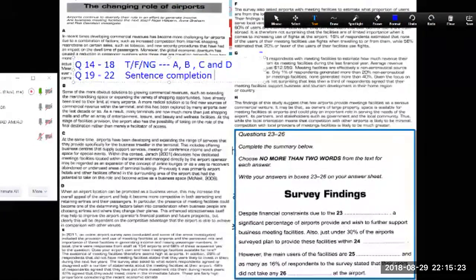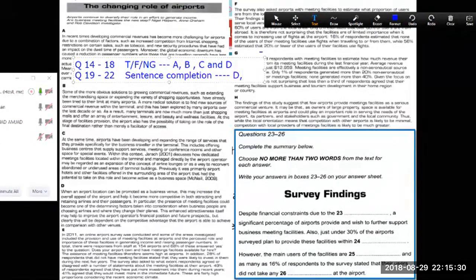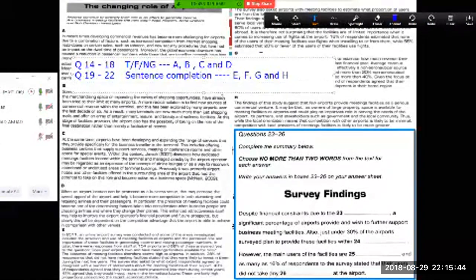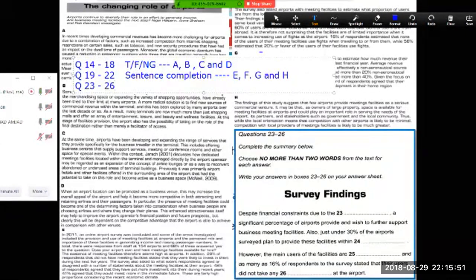To answer these questions, you may read paragraph D, or I can say you may be made to read these last paragraphs, paragraphs E, F, G and H, let's say. So now, once you reach question number 23 to question number 26, you have already read all the paragraphs.